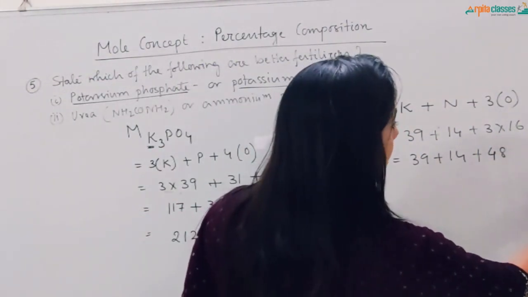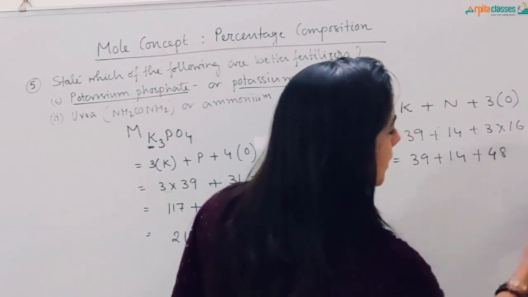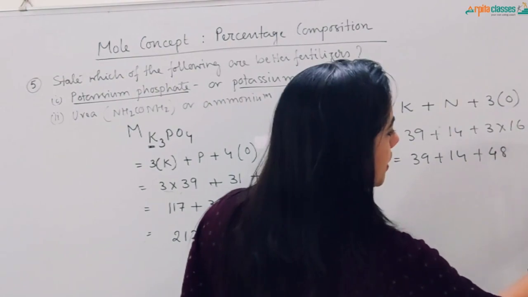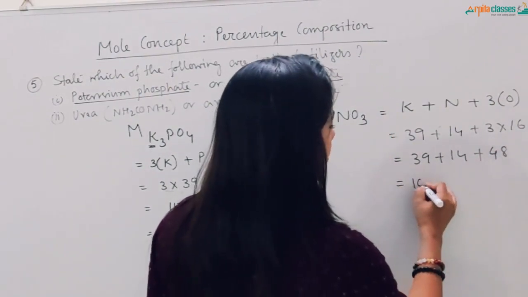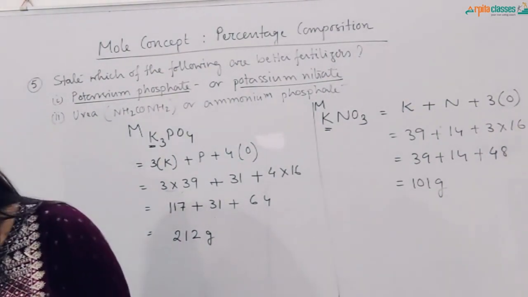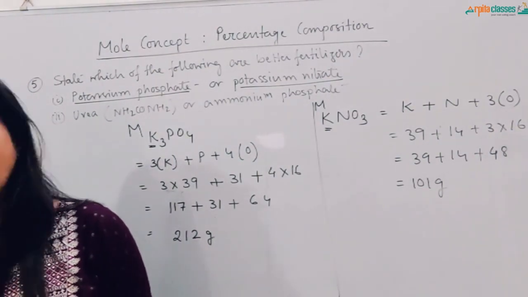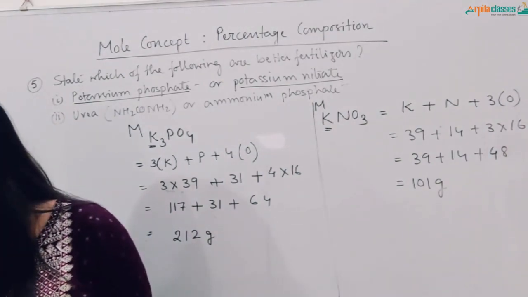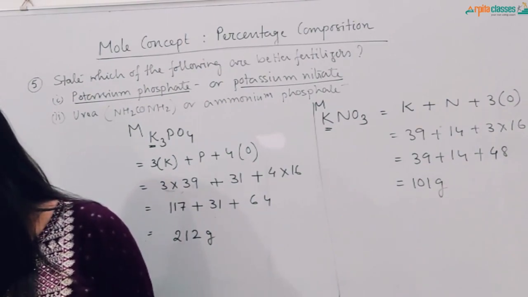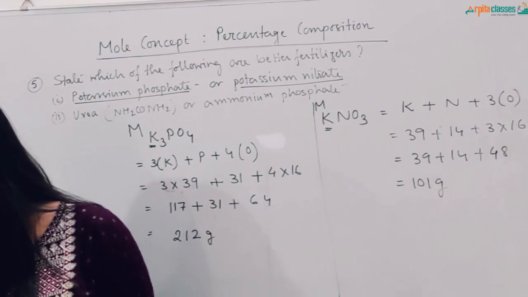So 39 plus 14 plus 48, 101 gram. So we got the molecular weights of potassium phosphate and potassium nitrate. Now we need to see the percentage of potassium in both the compounds. Let me just take the calculations once. Here it is 212 and here it is 101 gram.